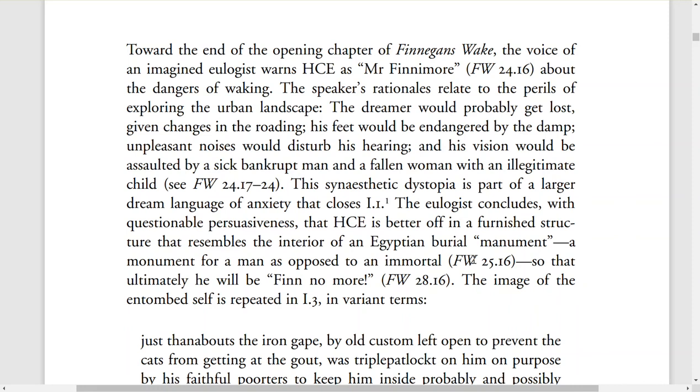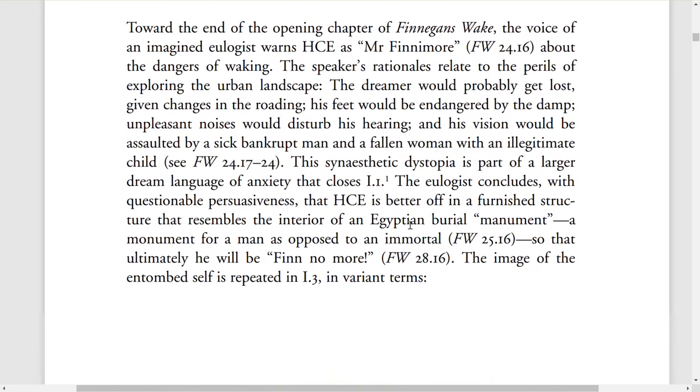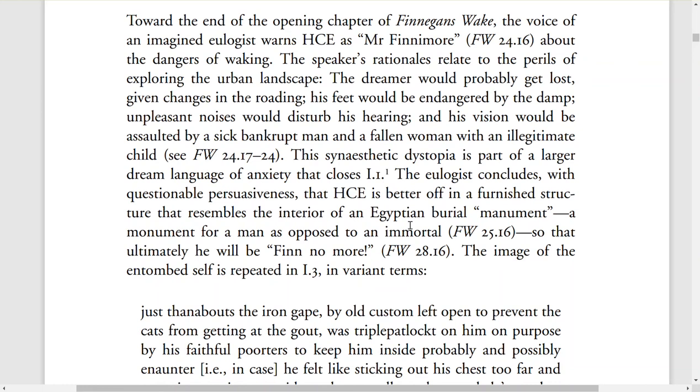So this danger, the dangers that he summarizes, creates or represents a dystopia. It's not that this dystopia is mentioned in the text, but the author of this text, Devlin, is observing something in the text, and what he observes, the dangers of waking, to him creates or insinuates or hints at a form of dystopia.